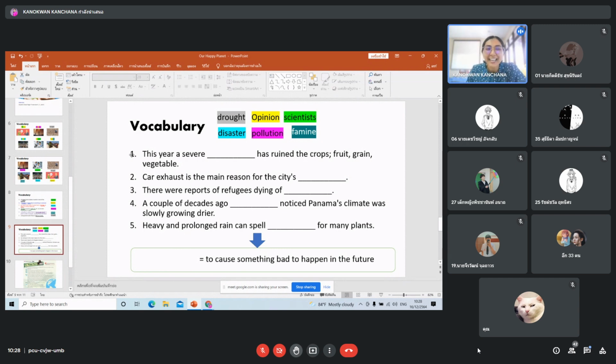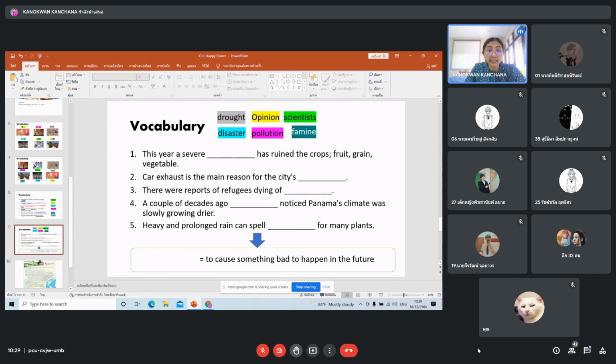Let's see, this year is severe. Severe means serious, like a lot. This year, a severe something has ruined the crops.